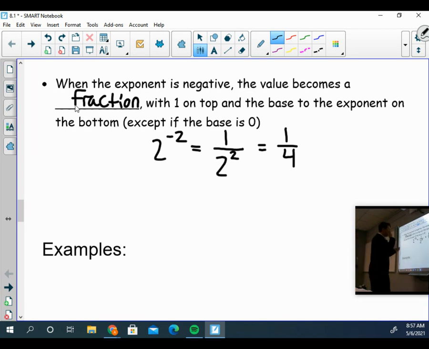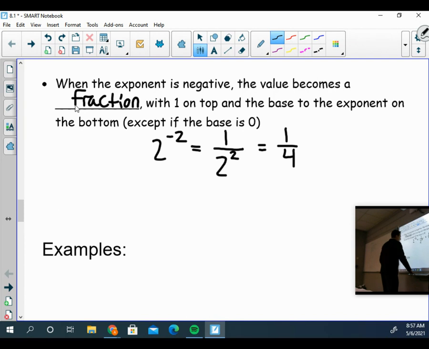So when the exponent is negative, the value of that base to the exponent will be a fraction with 1 on top and that base to the positive exponent on the bottom, unless the base is 0, which would lead to a division by 0, and we're not going to work with that.